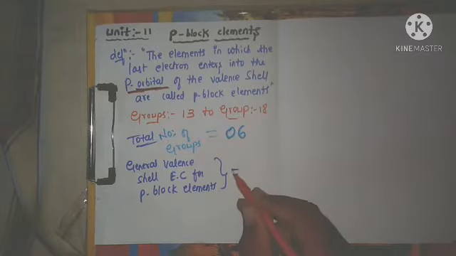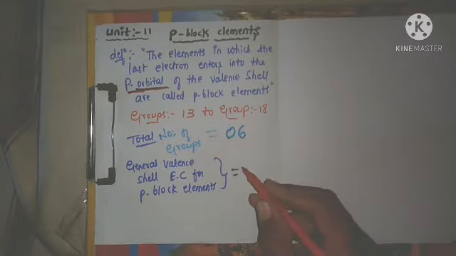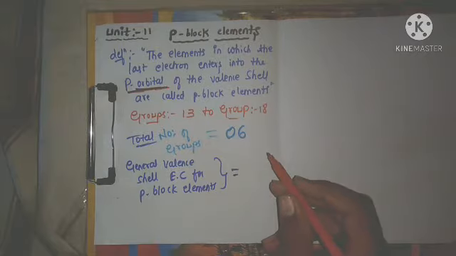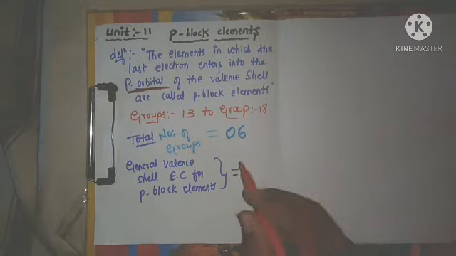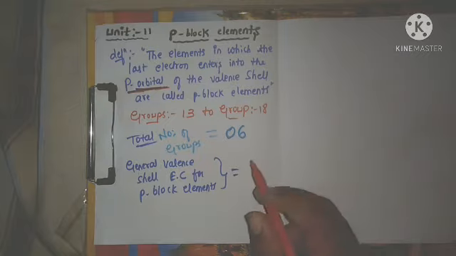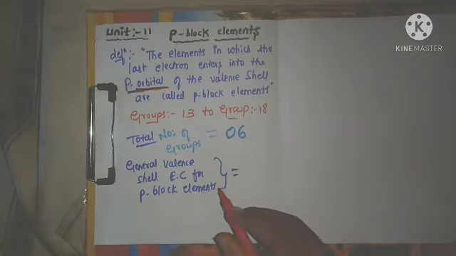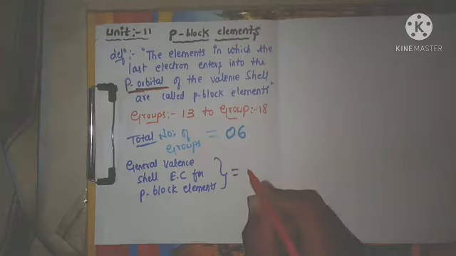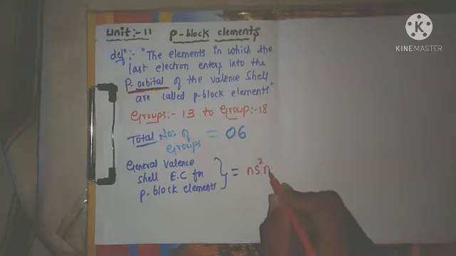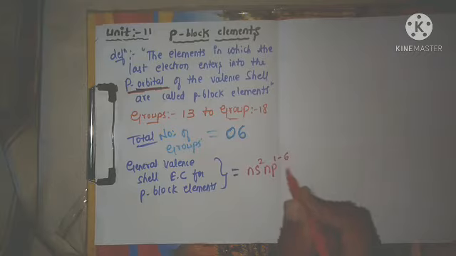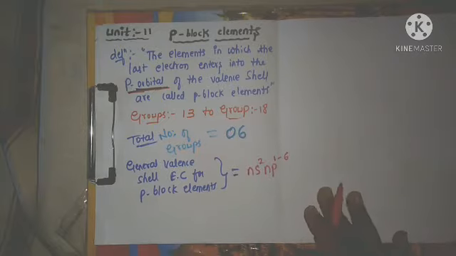I already told you, for the general electronic configuration of the s block, p block, d block and f block elements, one question should be there for 1 mark. Here the general valence shell electronic configuration of the p block elements is ns2 np1 to 6.